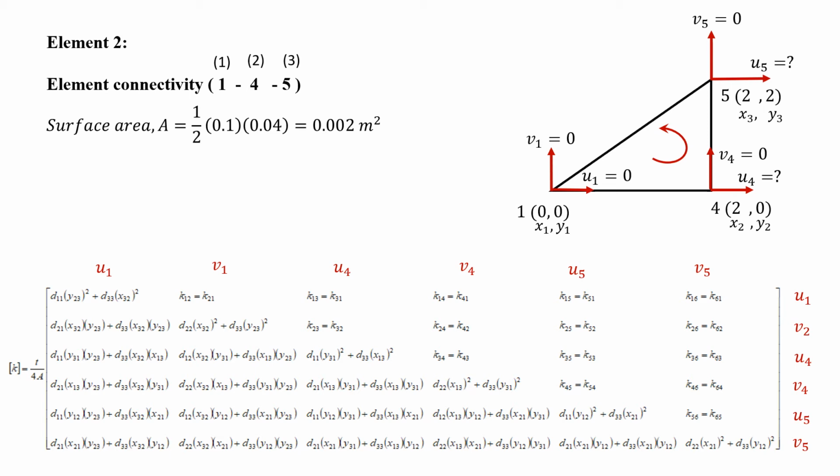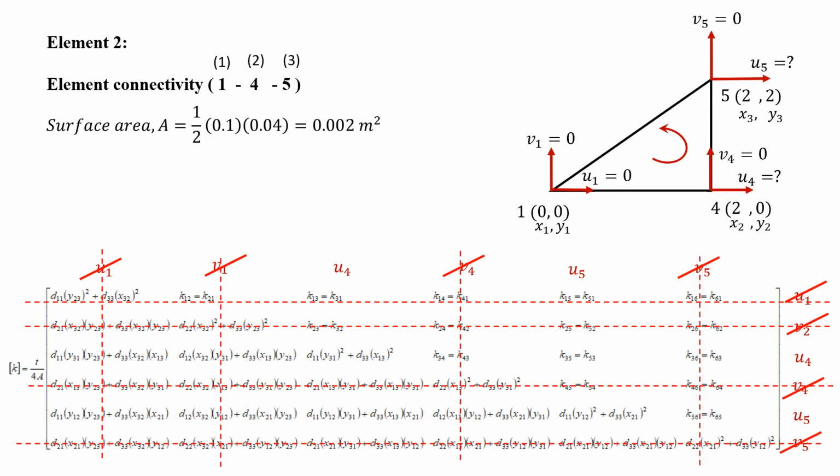And then the next step is to apply the boundary conditions in order to simplify our calculation later on. In this case, we know that U1, V1, V4, and V5 are equal to 0. Thus, we can eliminate those rows and columns with 0 values.